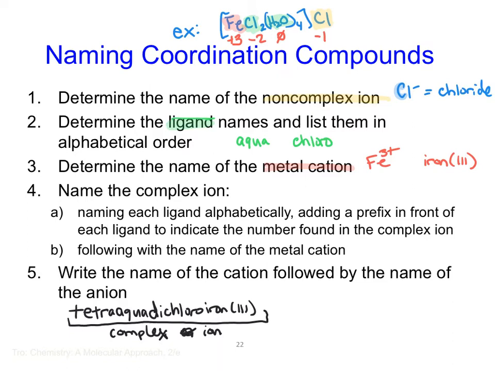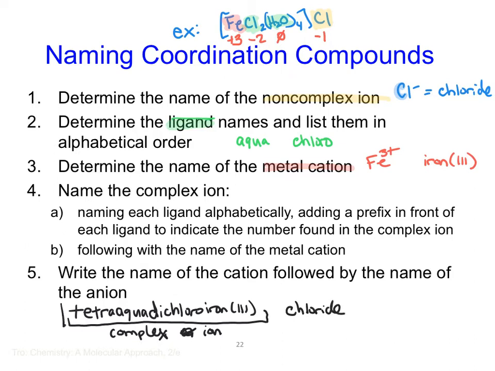So just like our standard ionic compounds, for example, sodium chloride, we say sodium first because sodium is the cation, Na+, chloride is the anion, Cl-. So in this case, our cation is the complex ion, so that is listed first. The counter ion is an anion, and that is listed second.